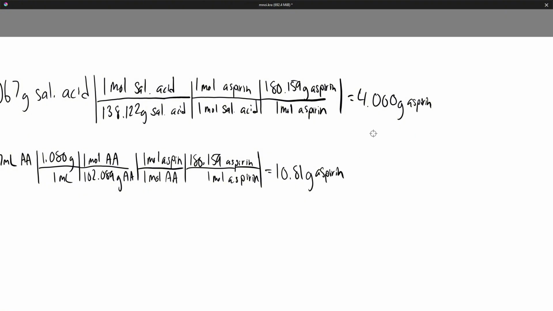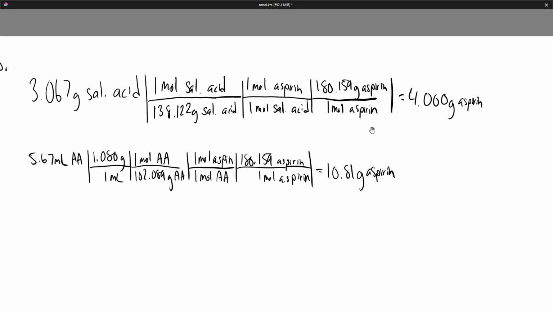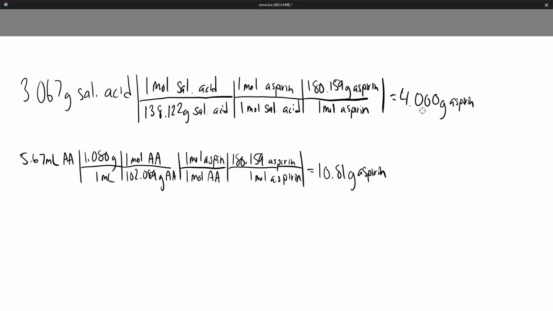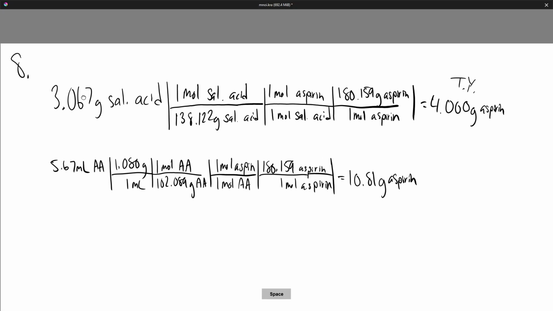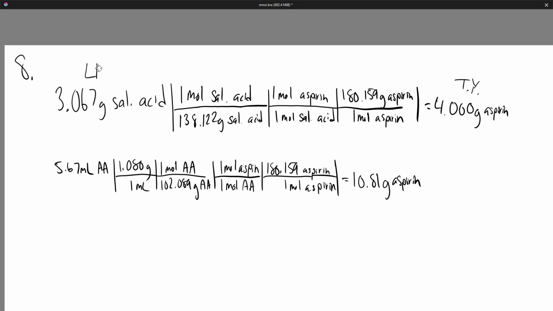So to find the limiting reactant, we just look at which reactant gave the least amount of aspirin. So it's obviously 4.00 grams of aspirin here, which makes this the theoretical yield, TY, and 3.067 grams of salicylic acid are the limiting reactant.